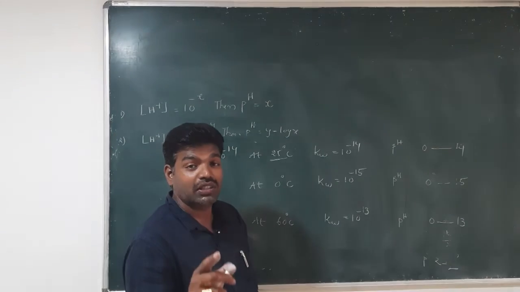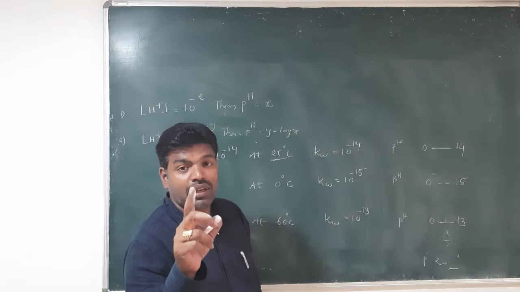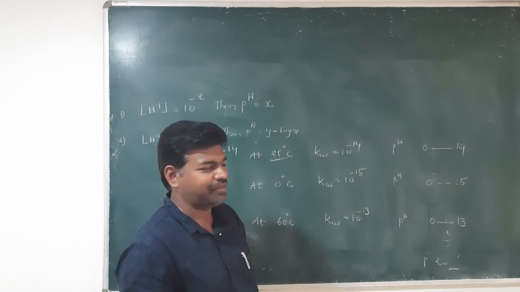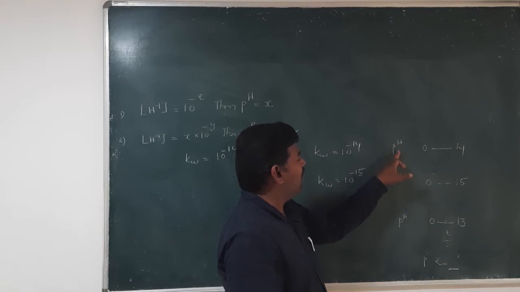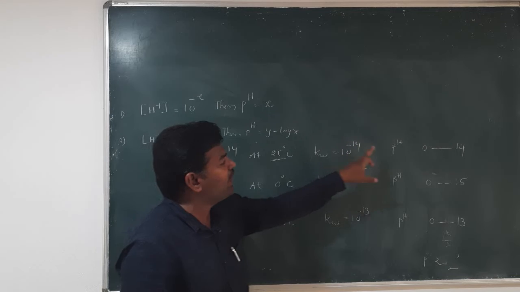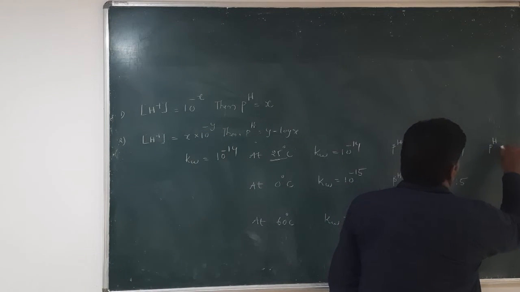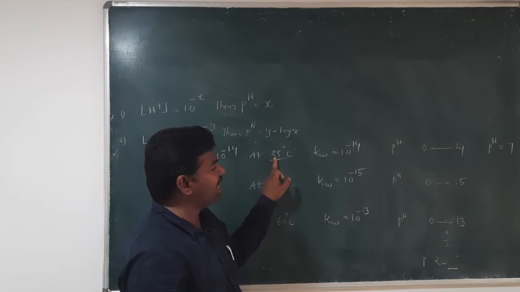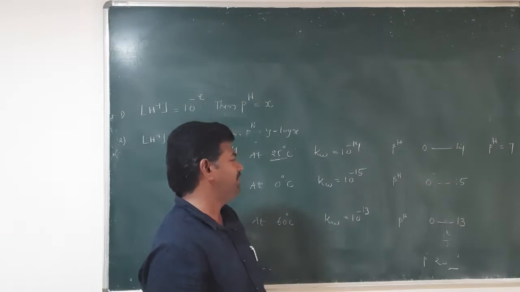Because pH scale is proposed based on the ionic product of water, right. So, at 25 degree centigrade, a neutral solution has pH 7.